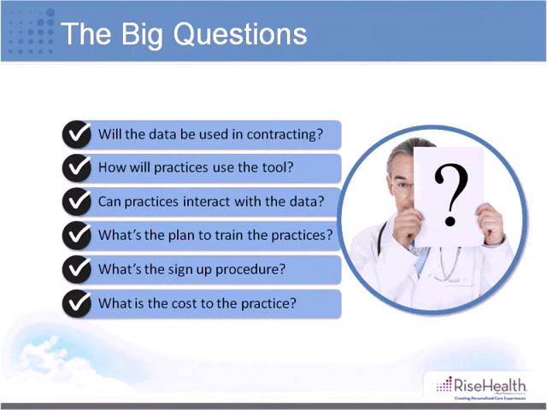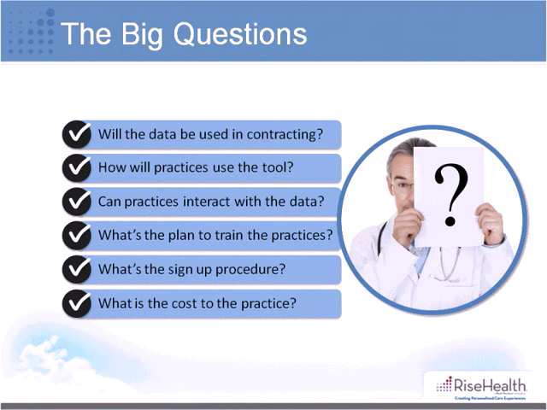So the aggregated data by this tool will not be used in contracting, which I think is certainly one of the fears of practices: how are payers going to be using this data and what does that mean? And for us as a group of payers, we really want this tool to support the practice transformation work. And we do that by providing this previously unavailable information on claims cost utilization across the medical neighborhood and across payers in a user-friendly format.